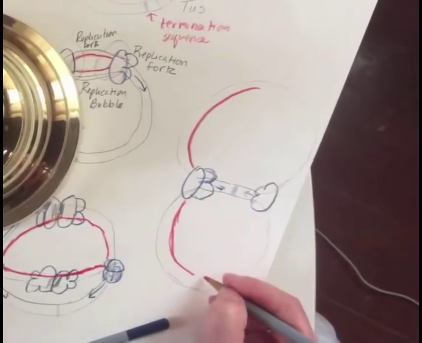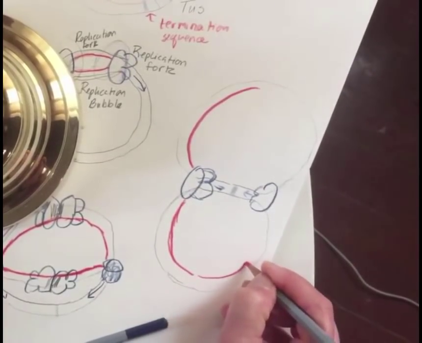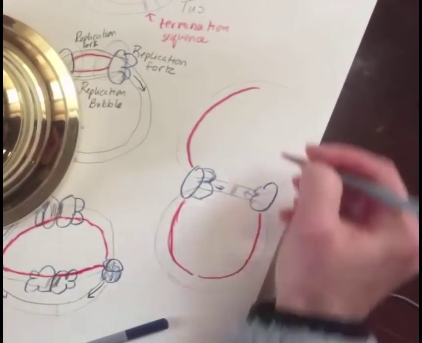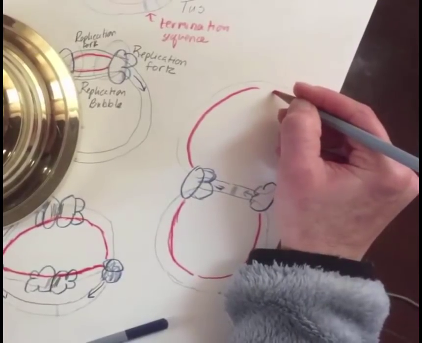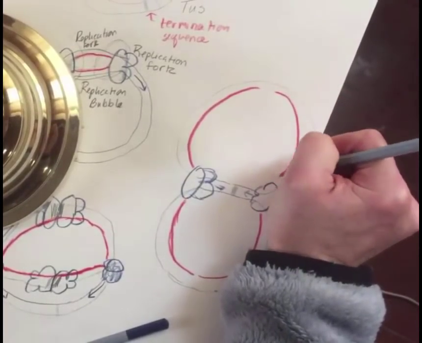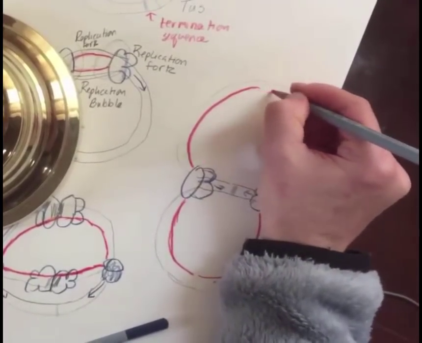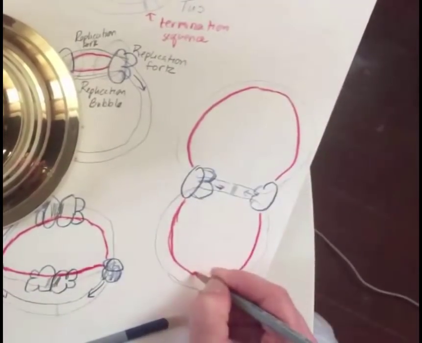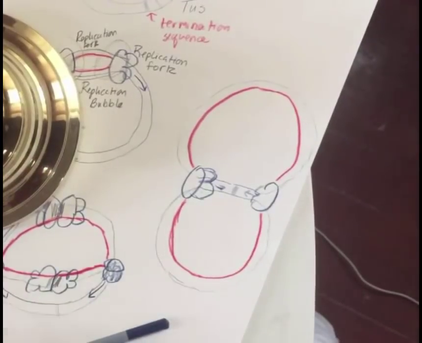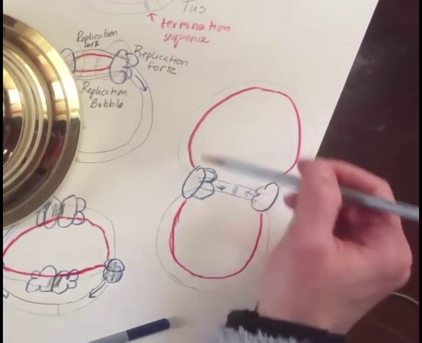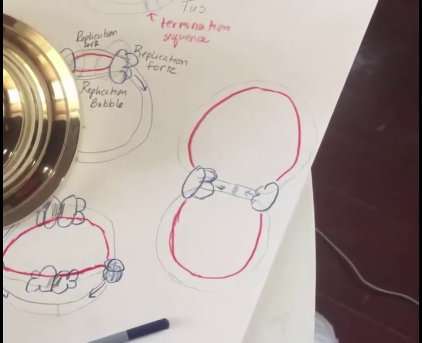And then this one had synthesized this strand, and it had made this one. And so, of course, remember those had been ligated together. So we now see what is basically an all-encompassing bubble to the point where we almost have two independent copies of the chromosome.